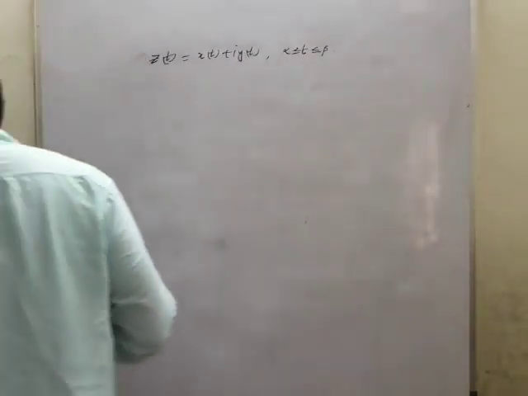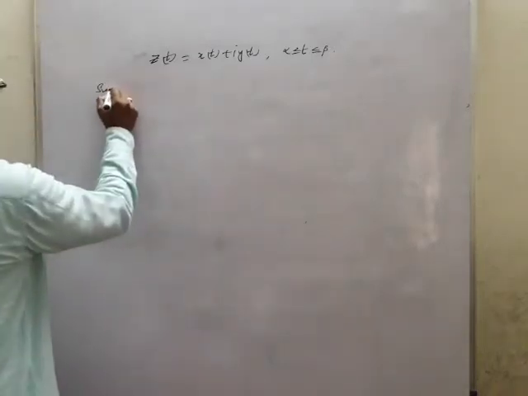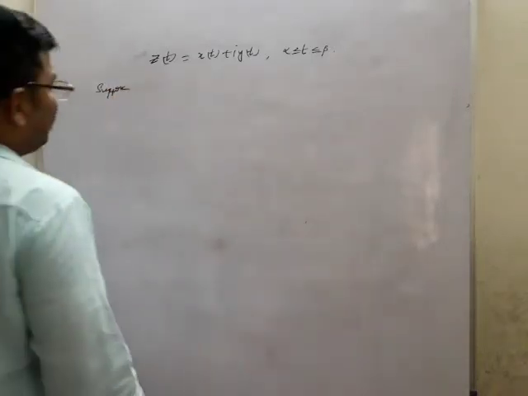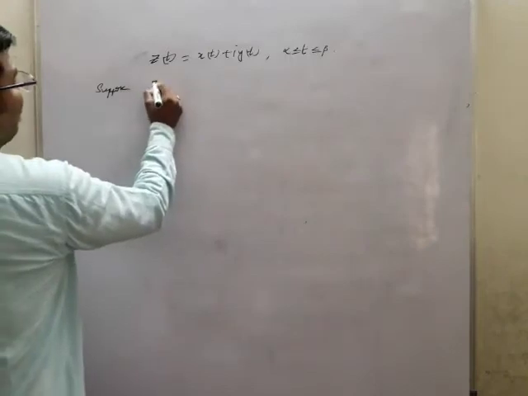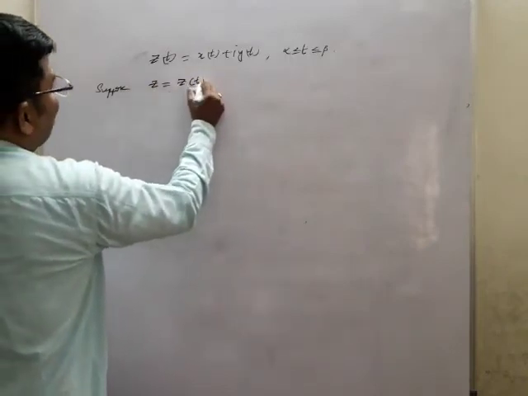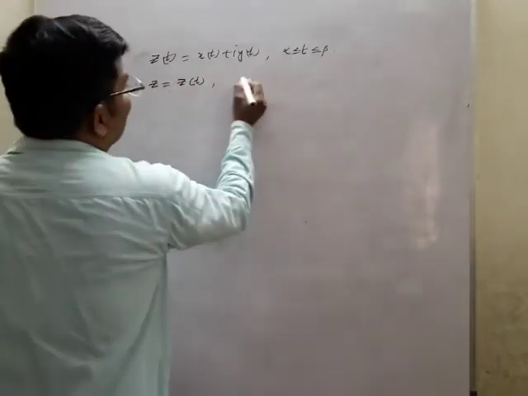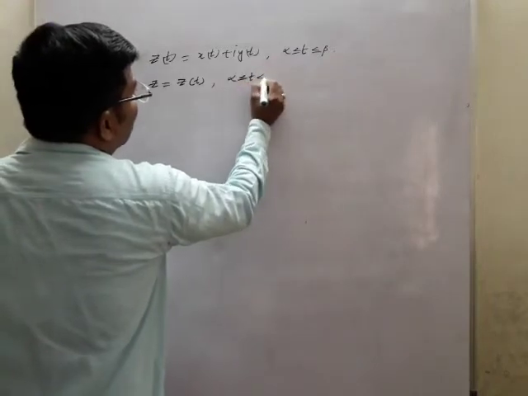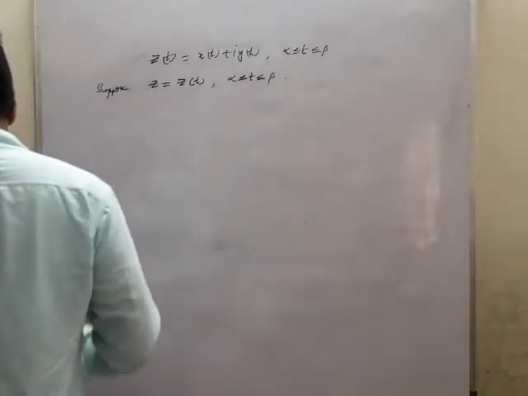Then let us take z is equal to z of t, where t is greater than or equal to alpha, less than or equal to beta, is an arc.